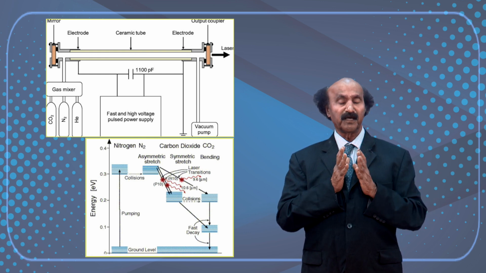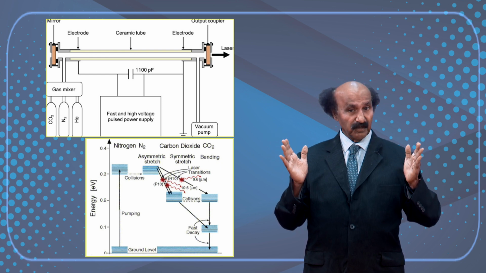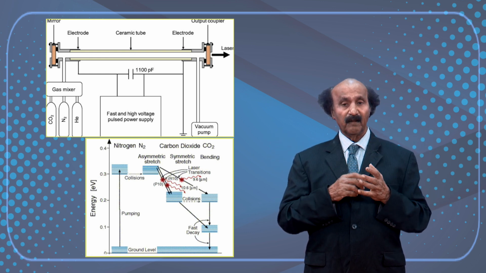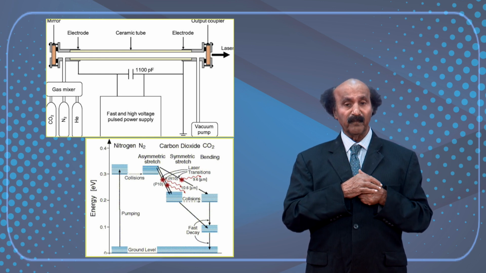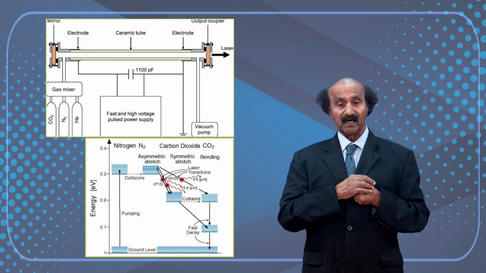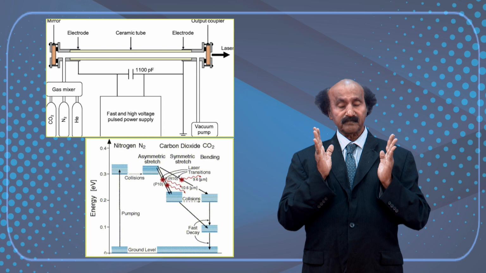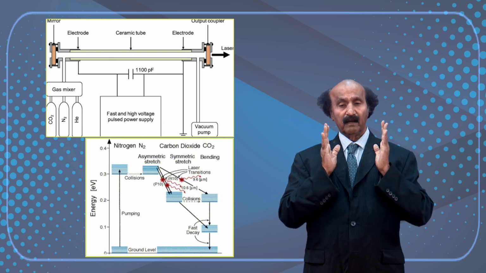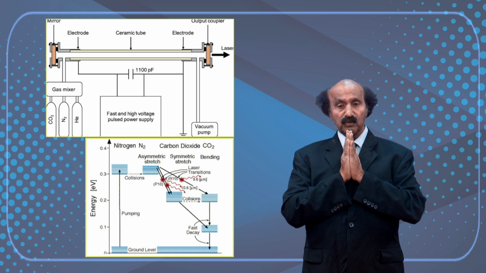Under this condition, you apply a voltage of about 2000 volts, and then you will have a discharge. All along, from what has been given, you must have water cooling throughout. This is the typical representation of a CW CO2 laser.